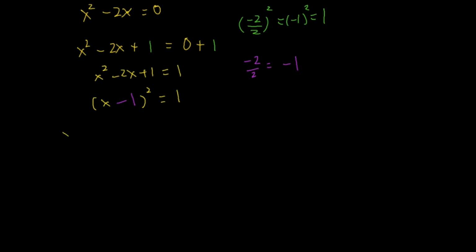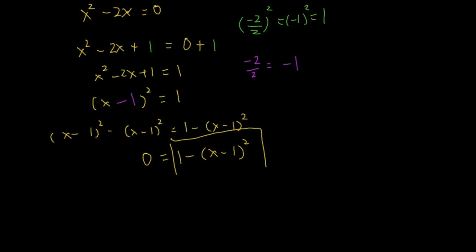So x minus 1 squared minus x minus 1 squared equals 1 minus x minus 1 squared. The left side is 0, so 0 equals 1 minus x minus 1 squared. This is how we can rewrite 2x minus x squared.